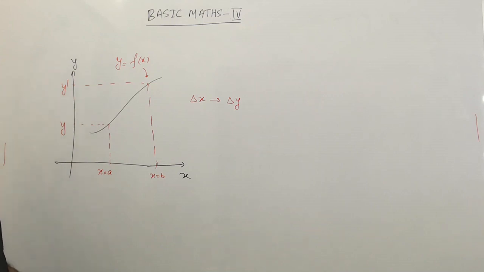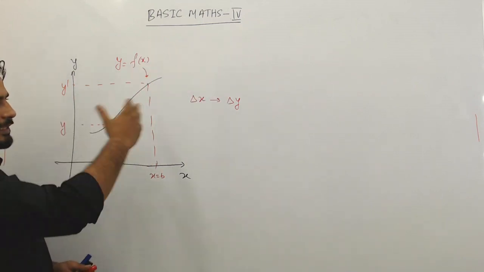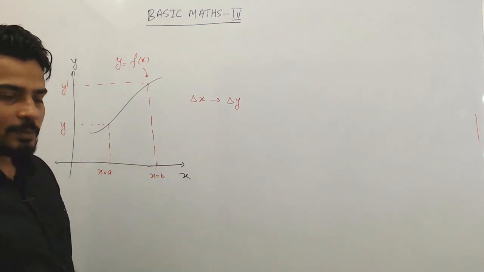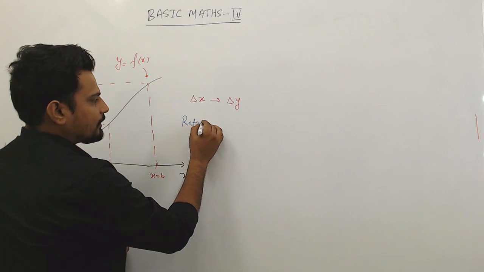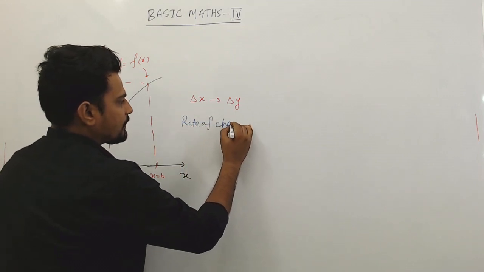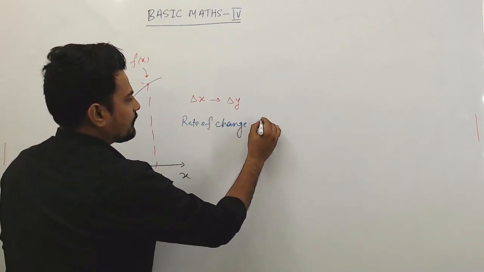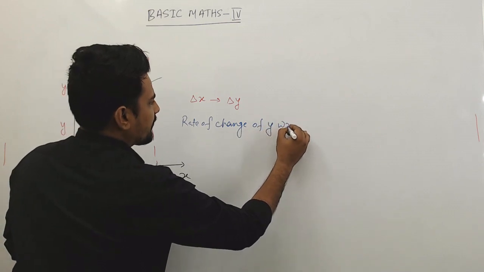All good? So I can say that there is a change in y with respect to x. That could be written as a rate of change of y with respect to x.